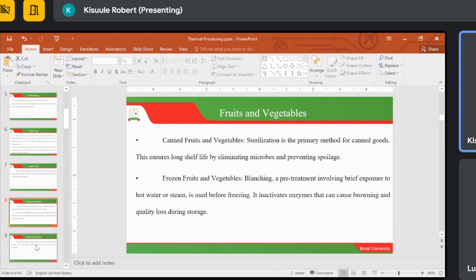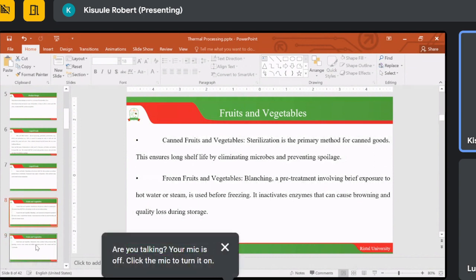Dehydration, often combined with blanching, helps in removing the water content and inhibiting microbial growth, since now the water activity and moisture content have been reduced. This will significantly help us in increasing the shelf life of food.